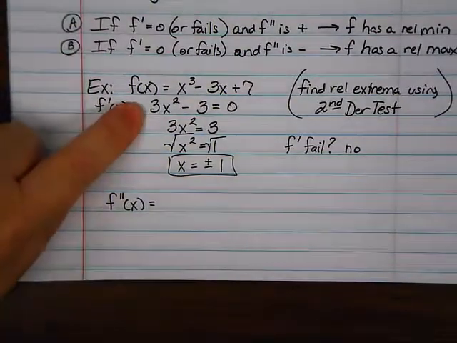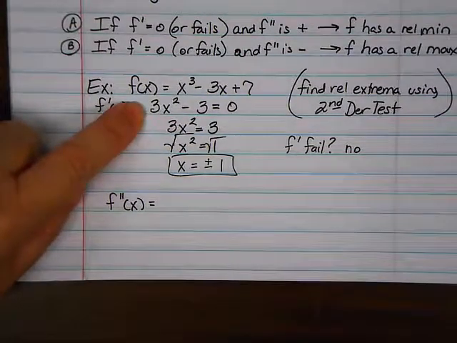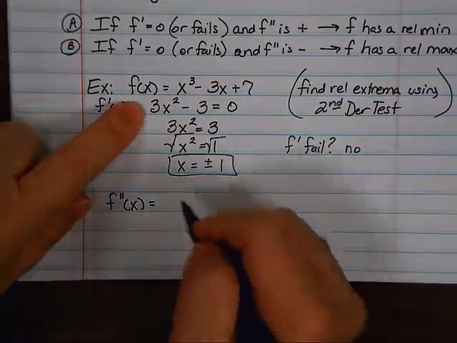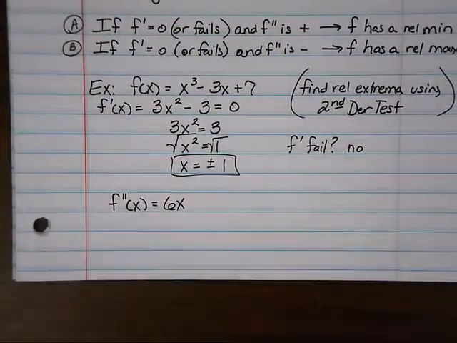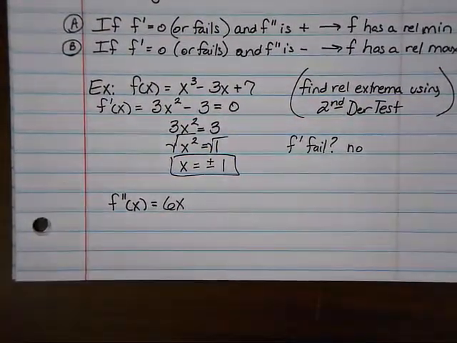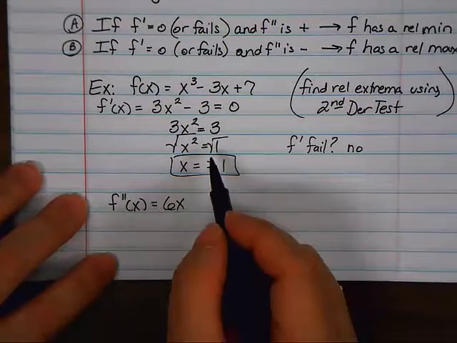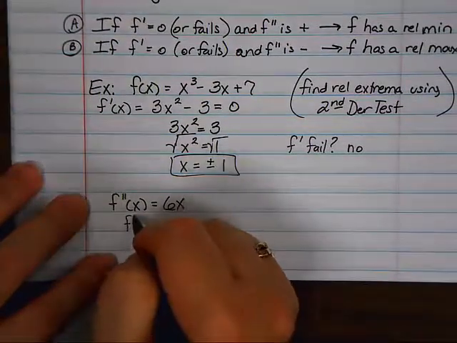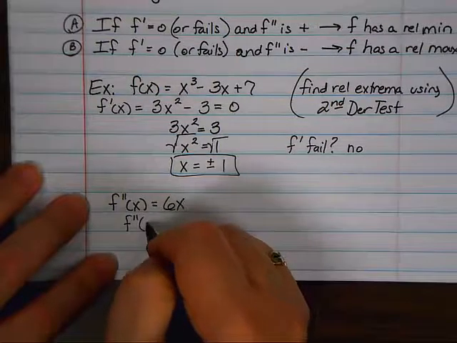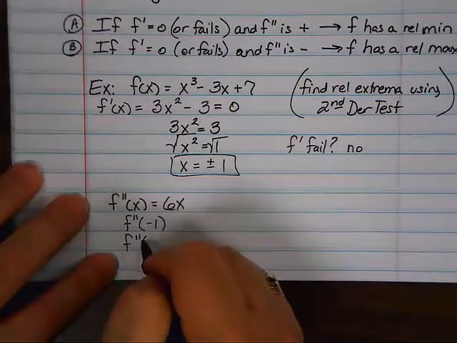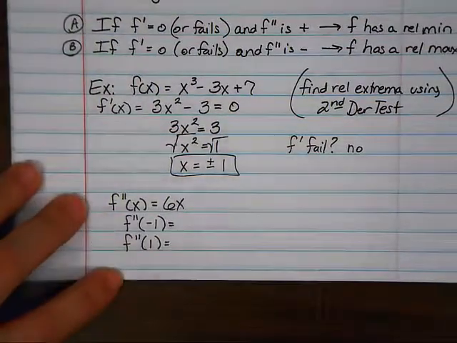So go back to the first derivative and take its derivative. What is the second derivative going to be? 6x, okay? You do not set it equal to 0. I actually made a mistake last period and did that for the second example, and I confused my kids. I'm not going to do it this time. Okay, we want to find the concavities. So what we're going to do is plug each one individually into the second derivative.